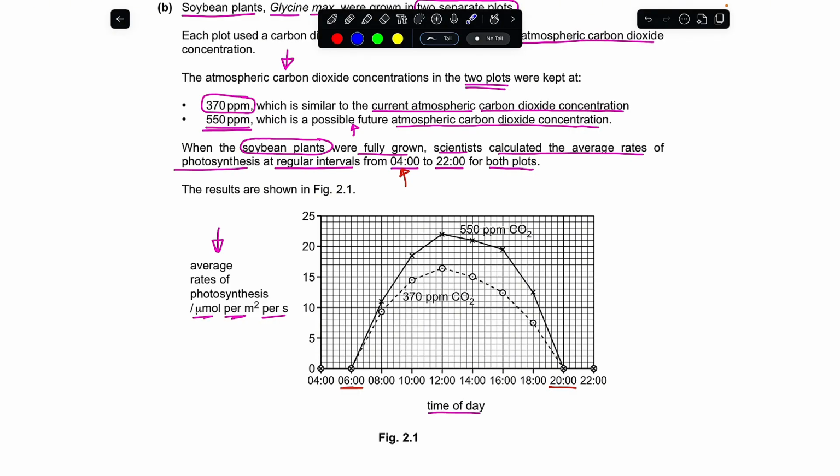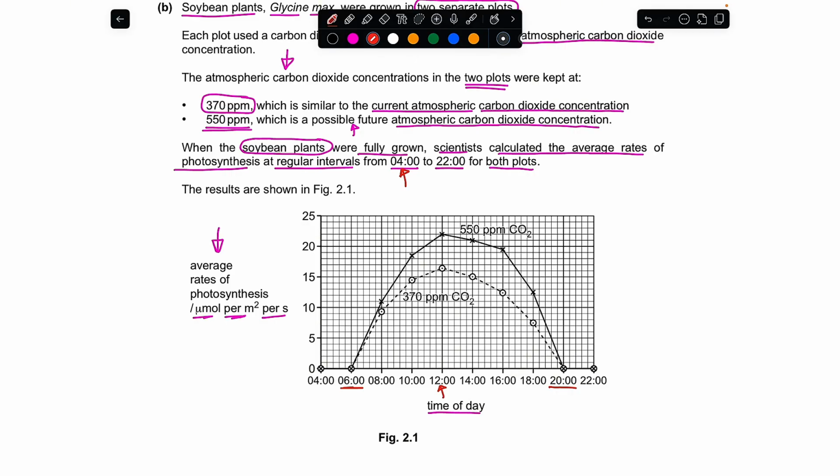What I see is that at 12 p.m. the rate of photosynthesis is maximum for 370 parts per million carbon dioxide concentration and for 550 parts per million carbon dioxide concentration. The explanation is that at 12 p.m., this is actually the midday where the light intensity is the max, so it would not be acting as a limiting factor for the rate of photosynthesis.